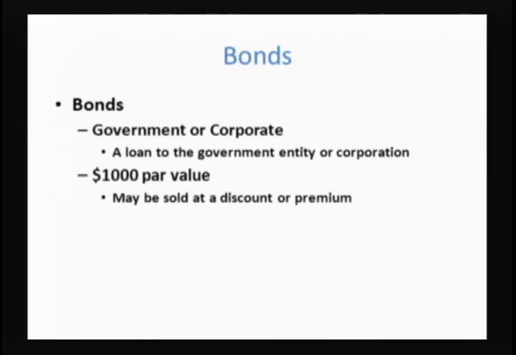Now, take that 10-year bond that was at 8%, paying $80 a year, and interest rates drop to 6%. So if I go out and look for a new bond, most bonds are now paying 6% because that's the going interest rate. I'm going to be pretty happy with my 8% bond.